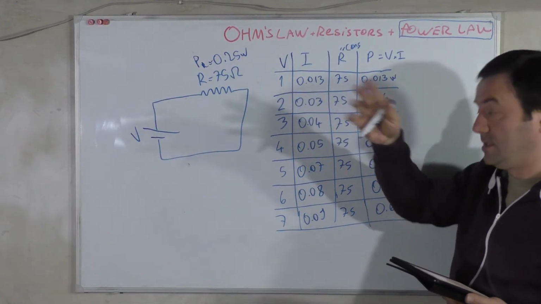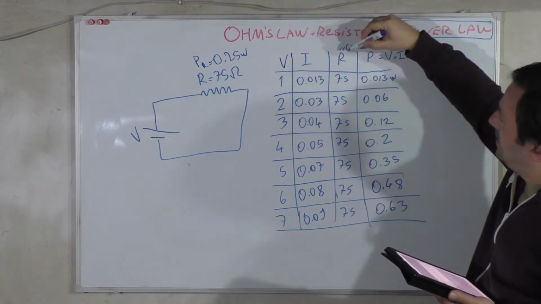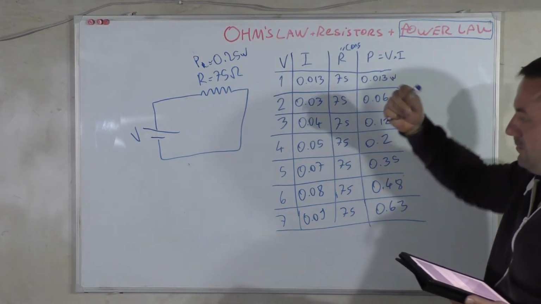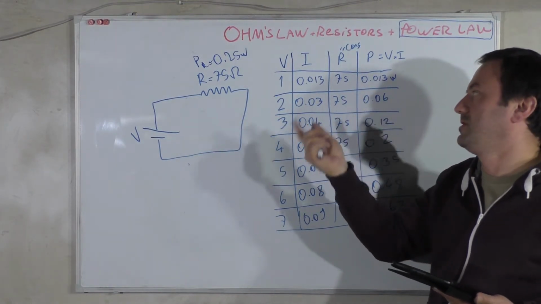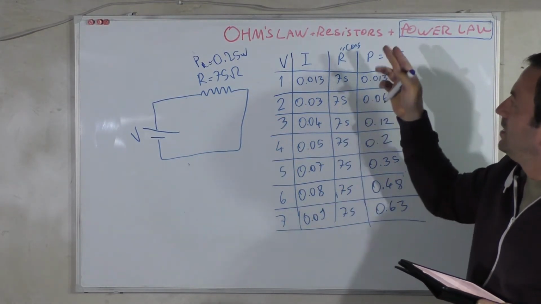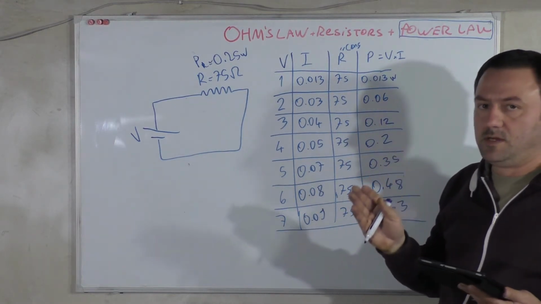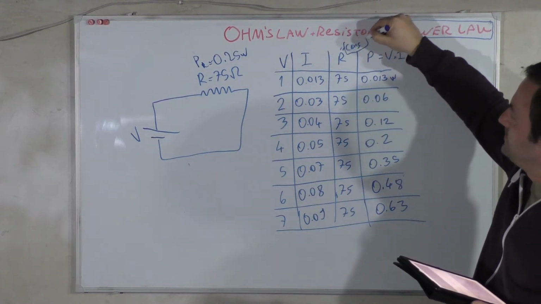How do I calculate this table from Ohm's law? Because we will not change our resistor, it will be constant. I will not remove cables and use a different resistor again. Our resistor in our experiment will be the same, so it's constant.